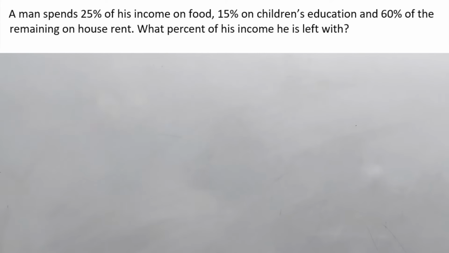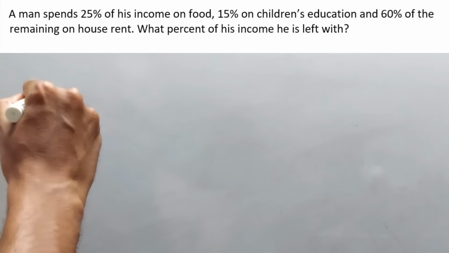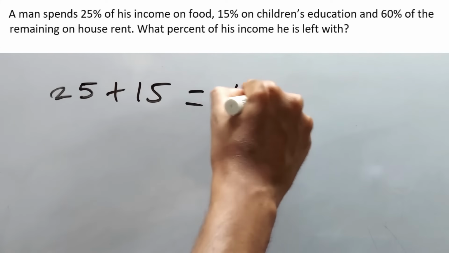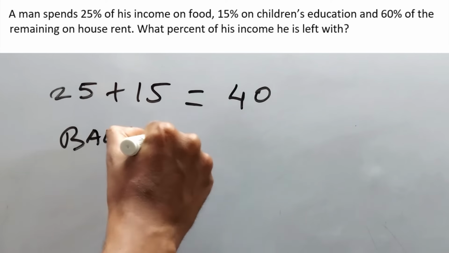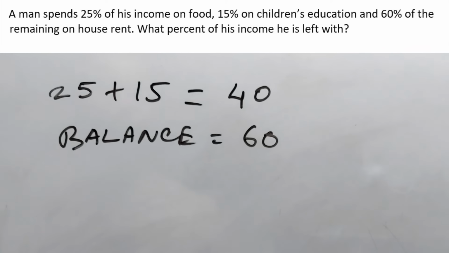Another interesting one. A man spends 25% of his income on food, 15% on children's education, and 60% of the remaining on house rent. What percentage of income he is left with? See, 25 plus 15 is 40, right? Now balance is 60%.